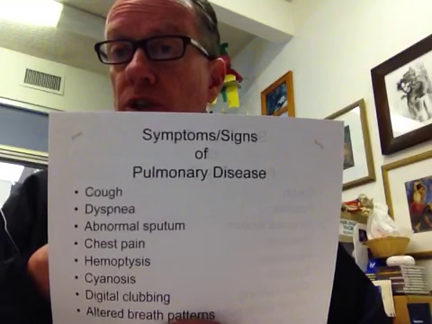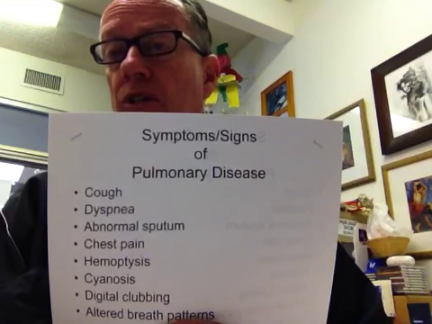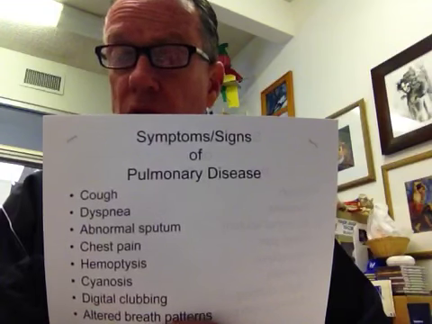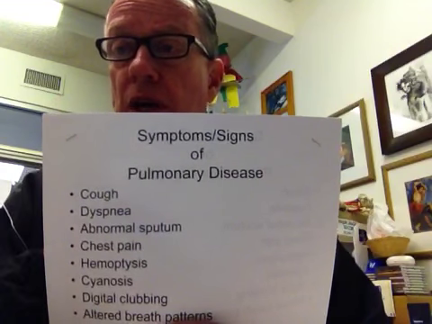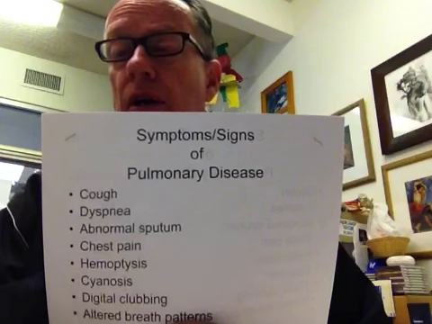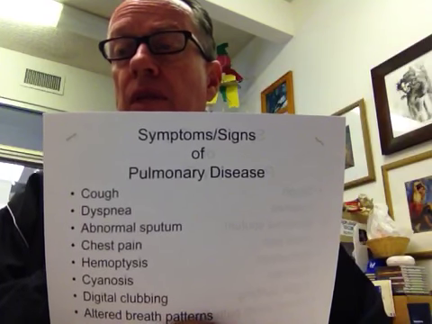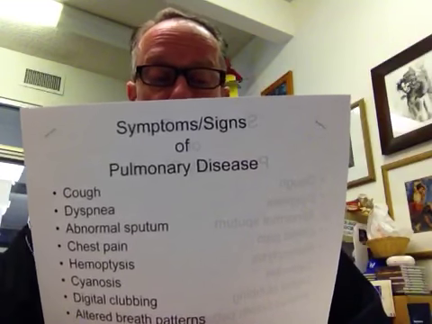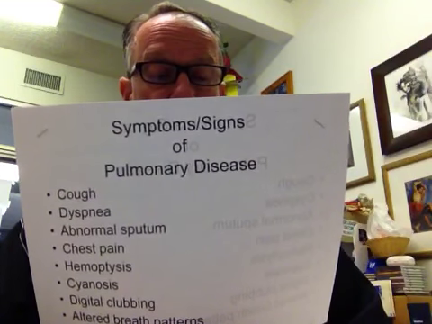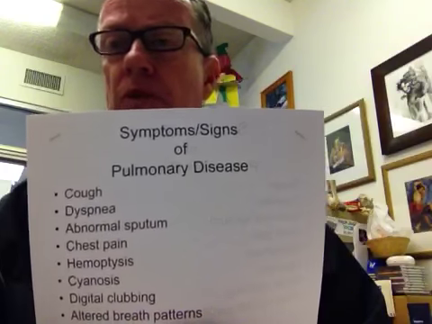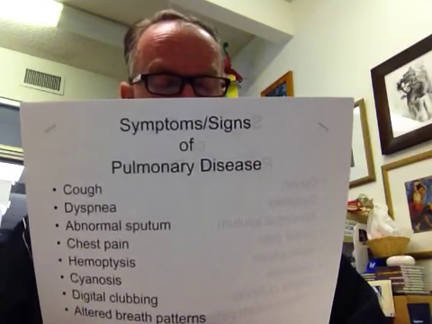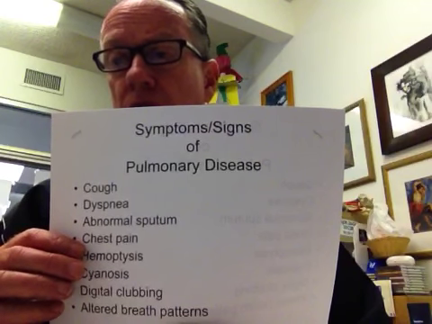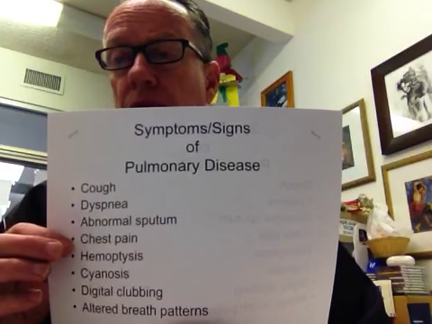In aspirational threats to the lung, where we've gotten something into the lung, coughing is the self-protective mechanism to try to expel that foreign substance from the lungs. Dyspnea is difficulty breathing, sometimes painful. Lots of sputum. It could be that a person has chest pain because of buildup of fluid in the lungs.